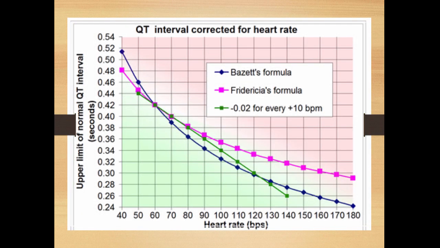And then if you look at a graph, I'm going to make you look at a graph, right? QT over the square root of R to R is the most accurate QTC measurement if we're doing it by hand.